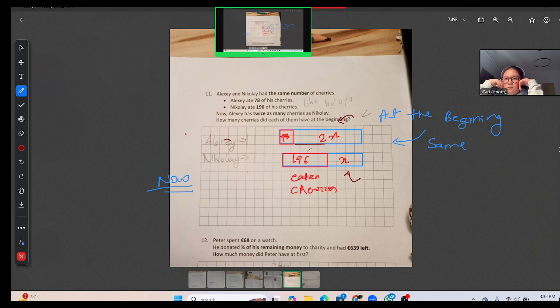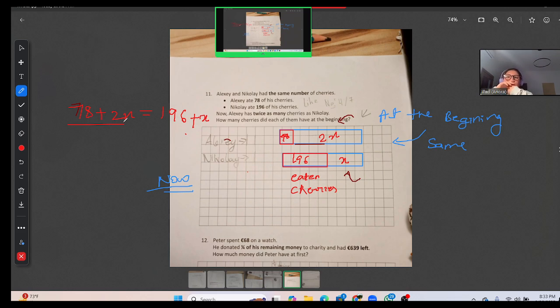And they both have the same length, so I can write 78 plus 2x, which is for this Alexei, right? 78 plus 2x, because they both have the same length, I can put an equal sign and write 196 plus x, right?